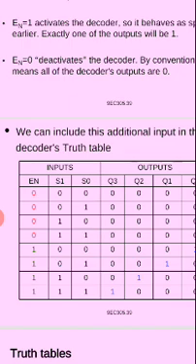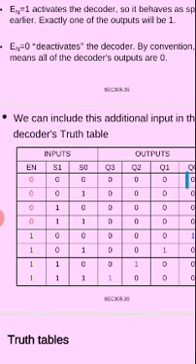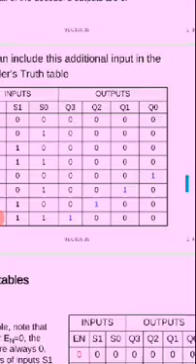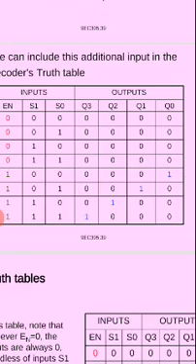They are 0 0 0, 0 0 1, 0 1 0, 0 1 1, 1 0 0, 1 0 1, 1 1 0, and 1 1 1. These are the 8 combinations of inputs.